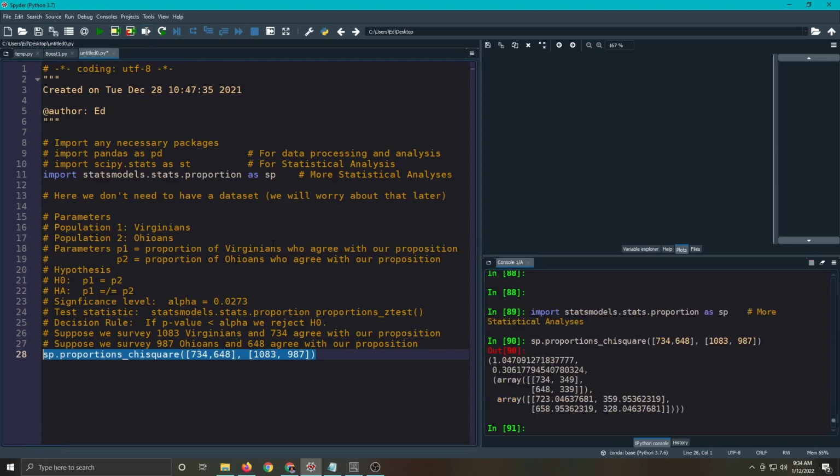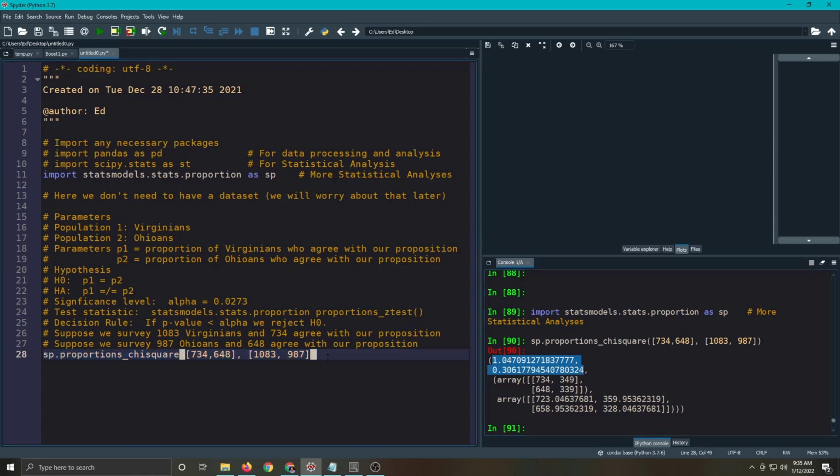And sure enough, bingo, we get a whole bunch of information out of this. We're going to get a test statistic and a p-value. But we're really not interested in most of those pieces of information. We're interested specifically in these two, so let's copy and paste these two over.